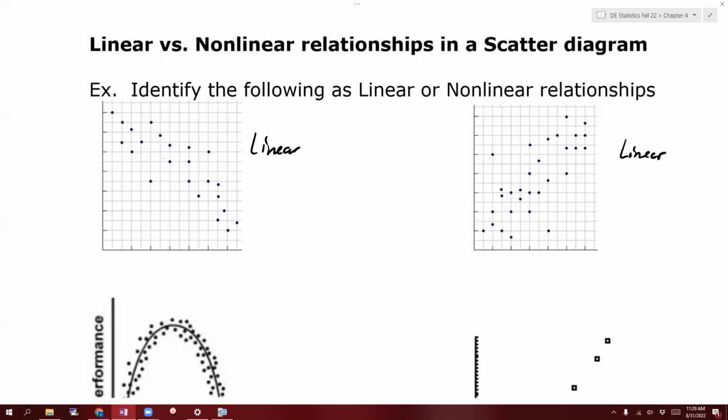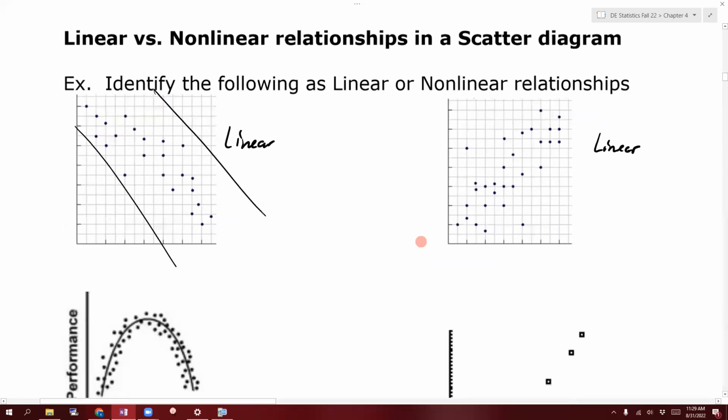It appears that we are drawing a line. Now, the closer those 2 boundary guides are to each other, the closer our correlation coefficient will be. We'll talk a little more about the correlation coefficient in a second. So the tighter you can make those boundaries, the more closely Y will follow X.